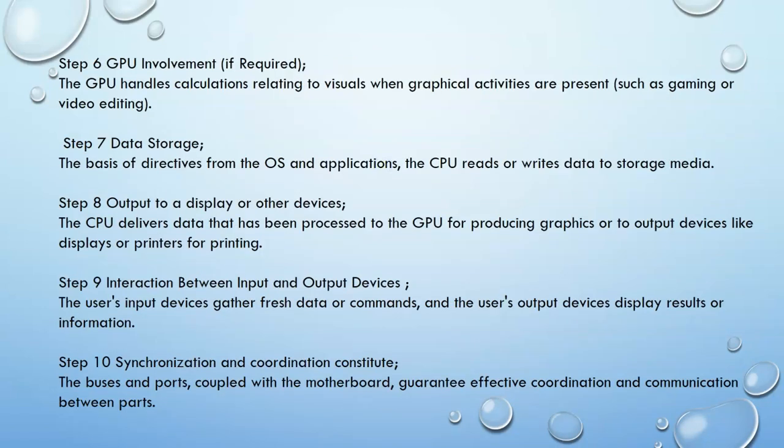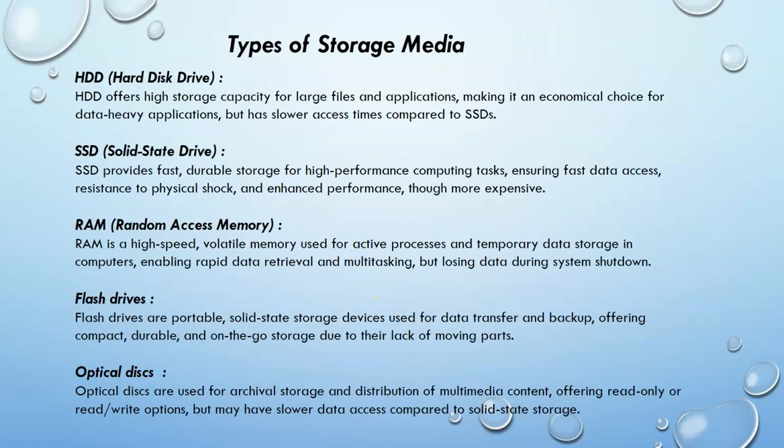Step 6, GPU involvement. Step 7, data storage. Step 8, output to a display or other devices. Step 9, interaction between input and output devices. Step 10, synchronization and coordination.